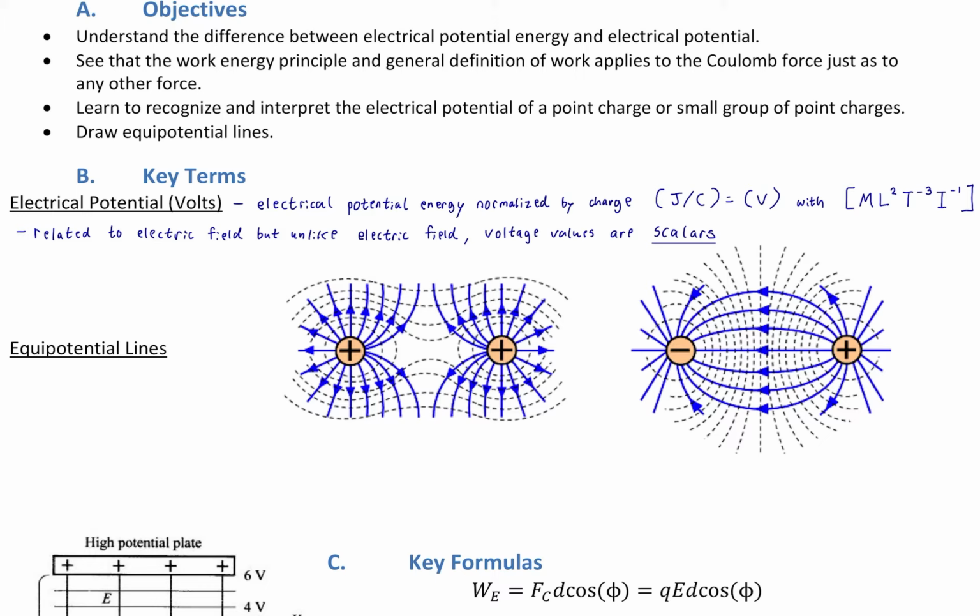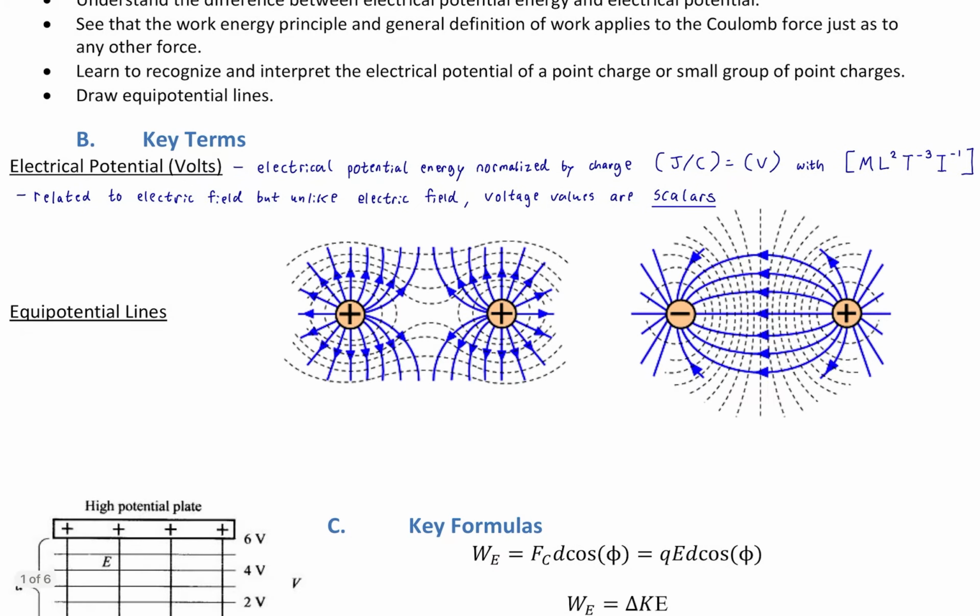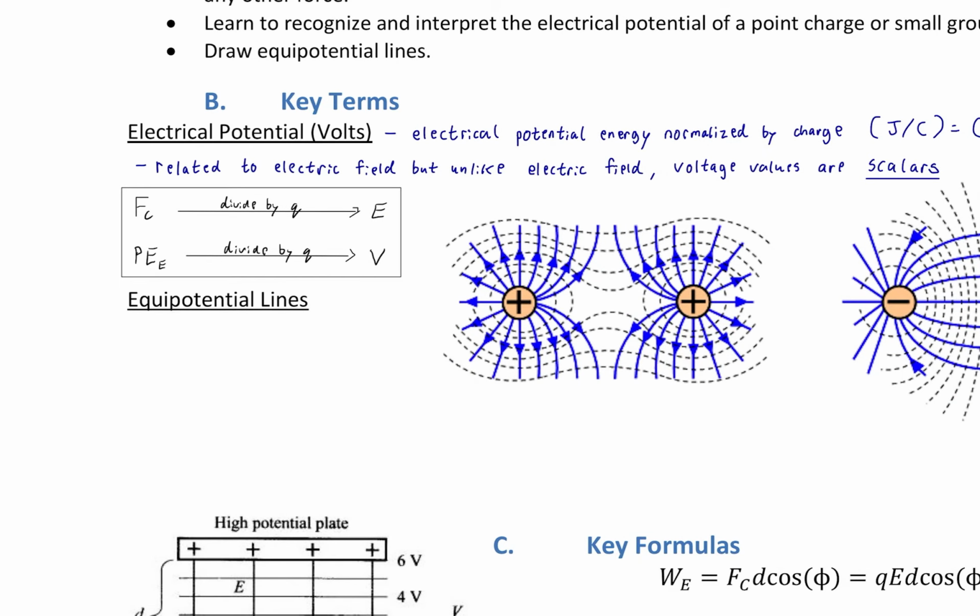Now I do want to call up this idea of normalization and make a comparison with another quantity we just saw and was just mentioned, the electric field, and that's the following. The Coulomb force divided by Q gives us the electric field.